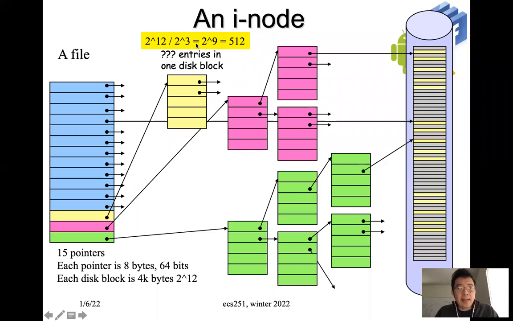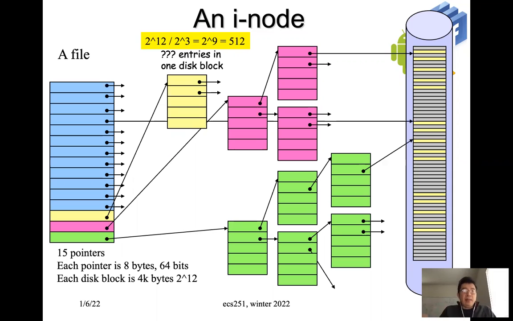And the thing is that this indirection block is also a disk block, but this disk block does not contain the data. It only contains the pointers to the data blocks, or in the double and triple indirection, they could be pointing to other pointer blocks.